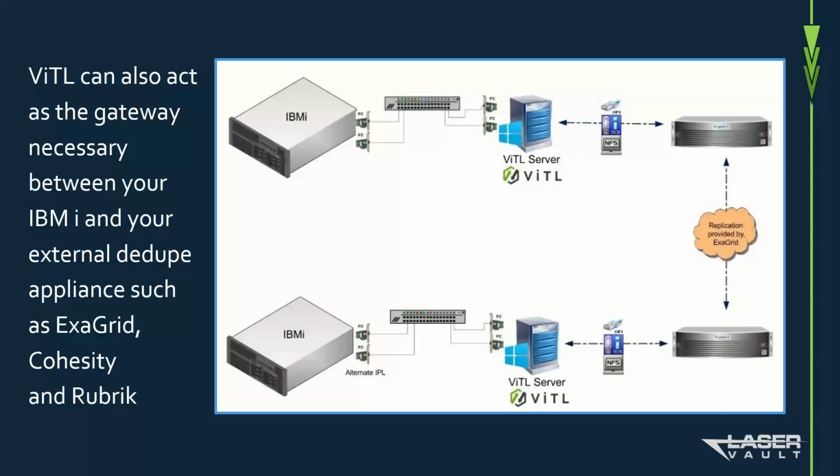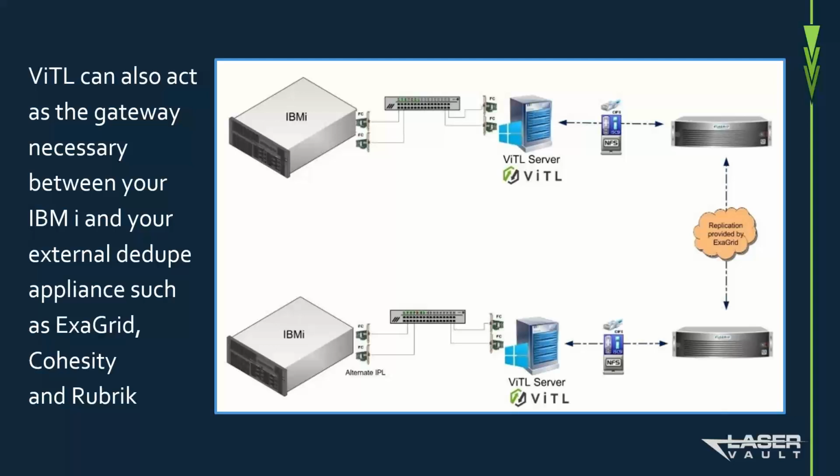Really what that means is that from the VTL server, you have, of course, Fibre Channel or SAS connectivity to the IBM i to emulate physical tape or a physical tape library. So that provides you with your backup through GO BACKUP, GO SAVE commands, BRMS, Robot Save, whatever you're currently using for your backup program on your IBM i side.